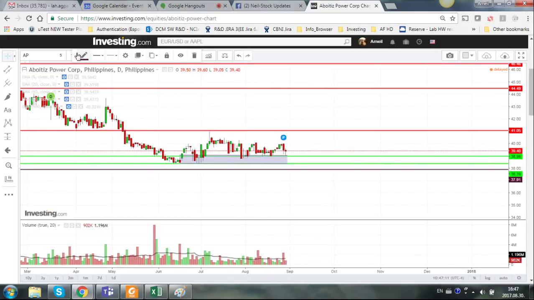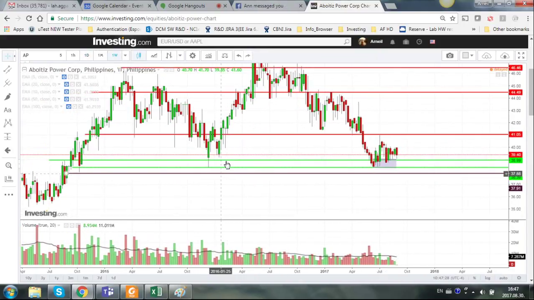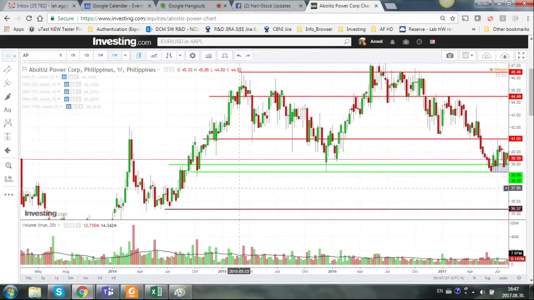But if you are kind of long term, so sometimes we are deciding which company is good for long term, which one is good for mid term, di ba? So you can do it in this way. Instead of setting your stop loss here, you can also consider setting your stop loss way below. So ito na yung tinitingnan mo.